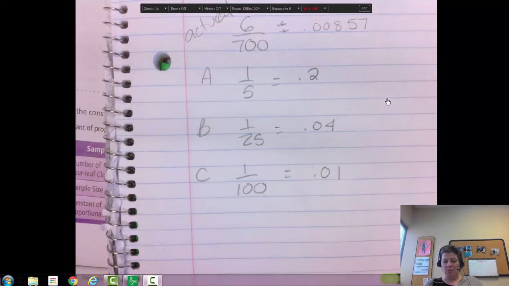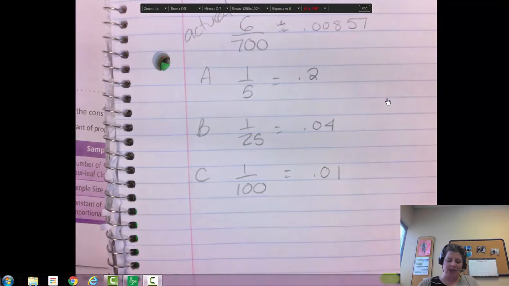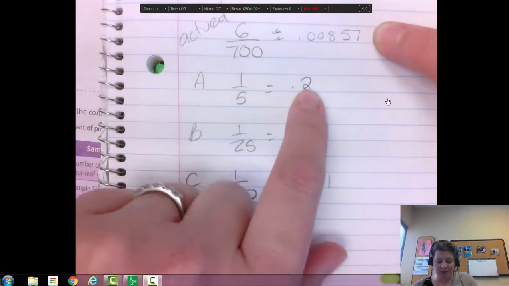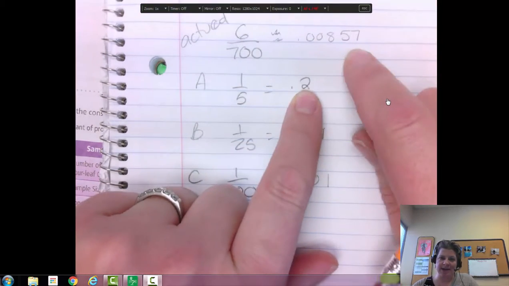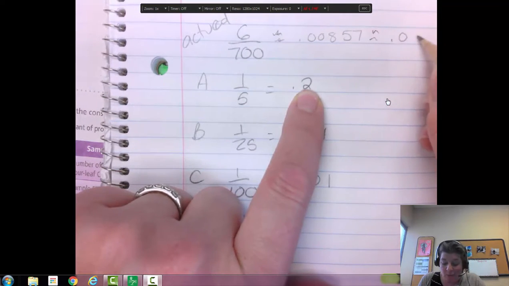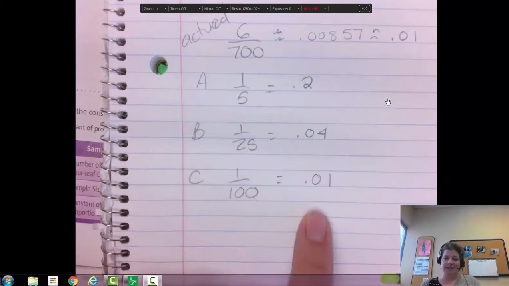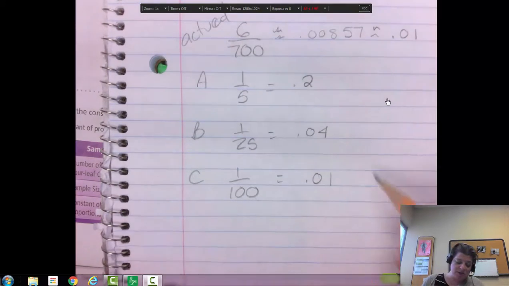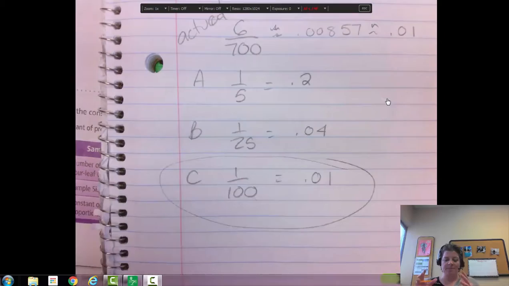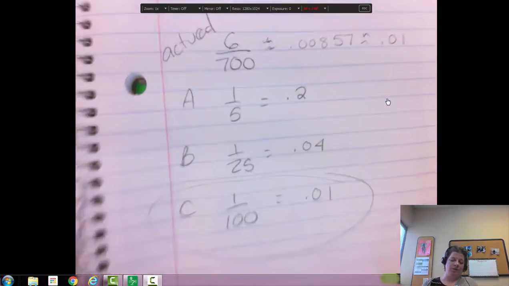Which one of these is the closest to the actual? Well, 0.2 is way more than this, right? If we round this it would be 0.01, which is the same as C. So C is the best representation compared to the actual for the sample.